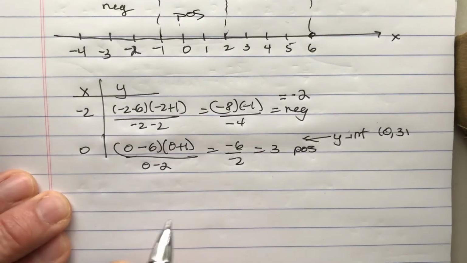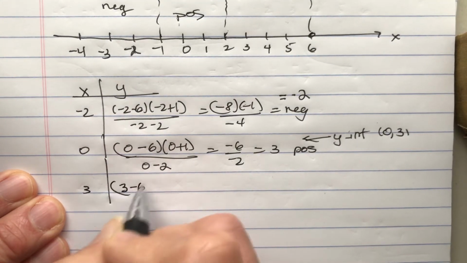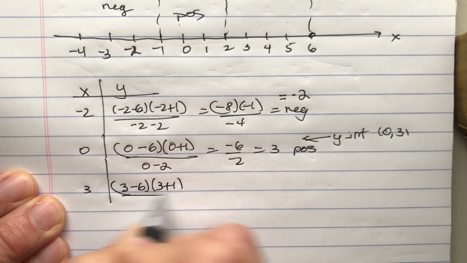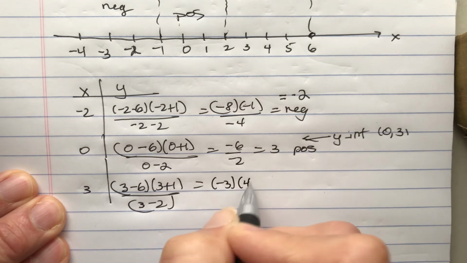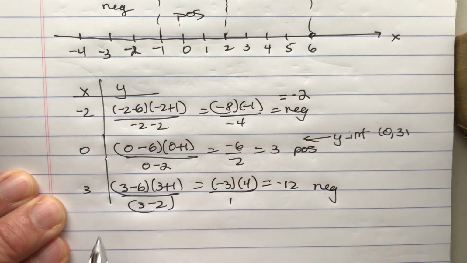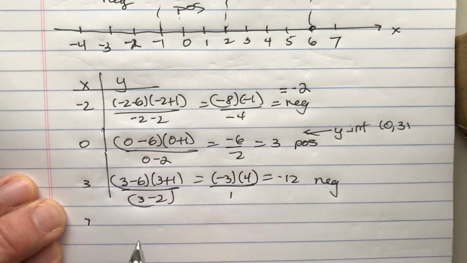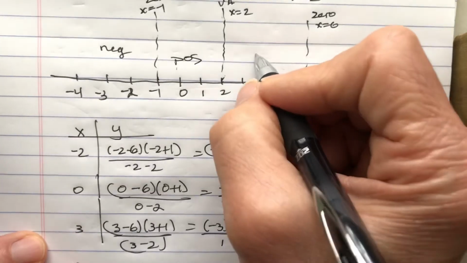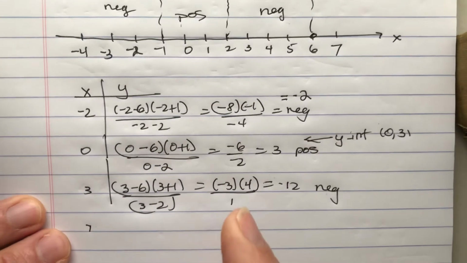And then put in 3. So this is negative 3 times 4 over 1, so that's negative 12. So that's negative. And then beyond 6 is 7. So the function's going negative, positive, negative, and I think the last one is going to be positive.